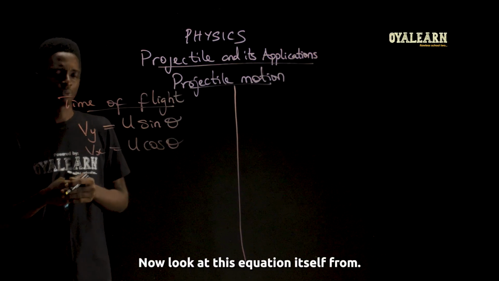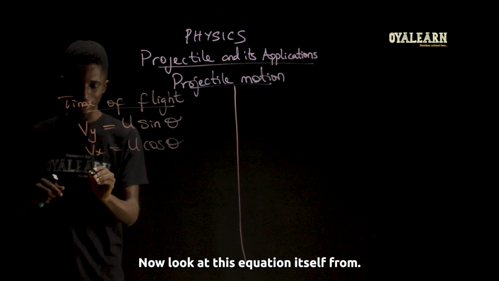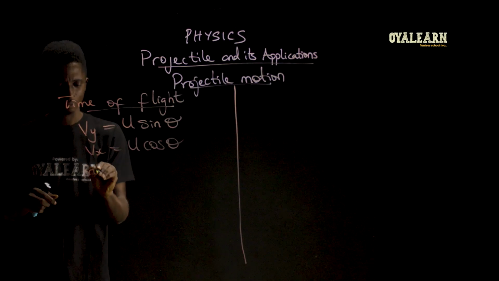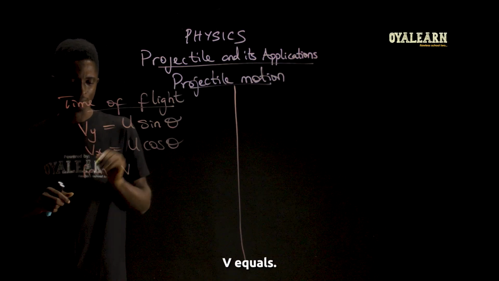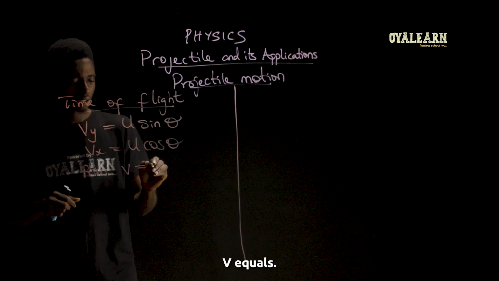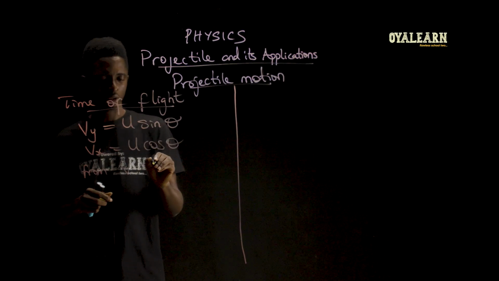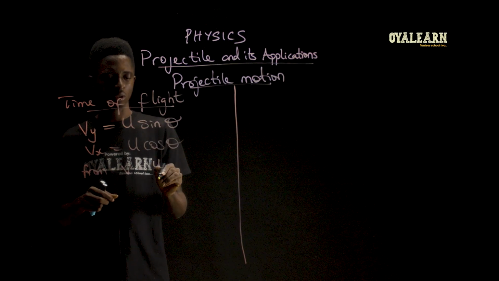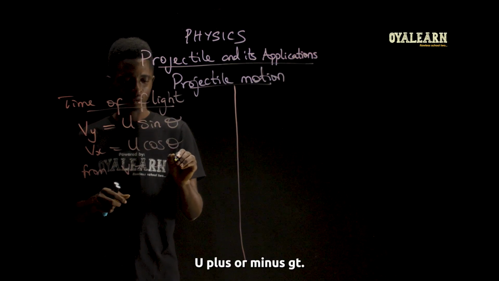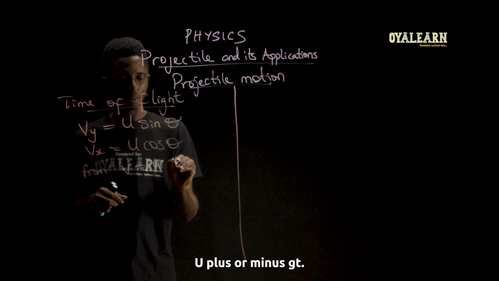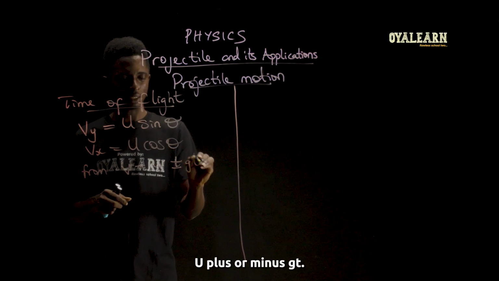Okay, now look at these equations themselves. v equals u plus or minus gt.